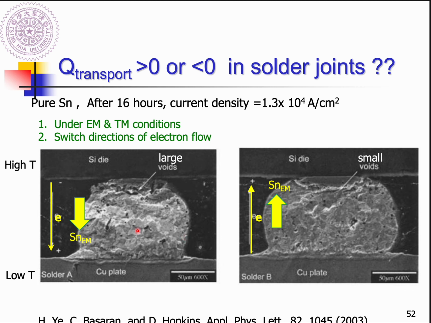It seems okay, right? But if you assume the atomic flux driven by temperature gradient goes upward, this one should be smaller. This one should get even smaller, right? But the result is not that, right? So we can confirm the atomic flux driven by temperature gradient, or Tm, goes this way.